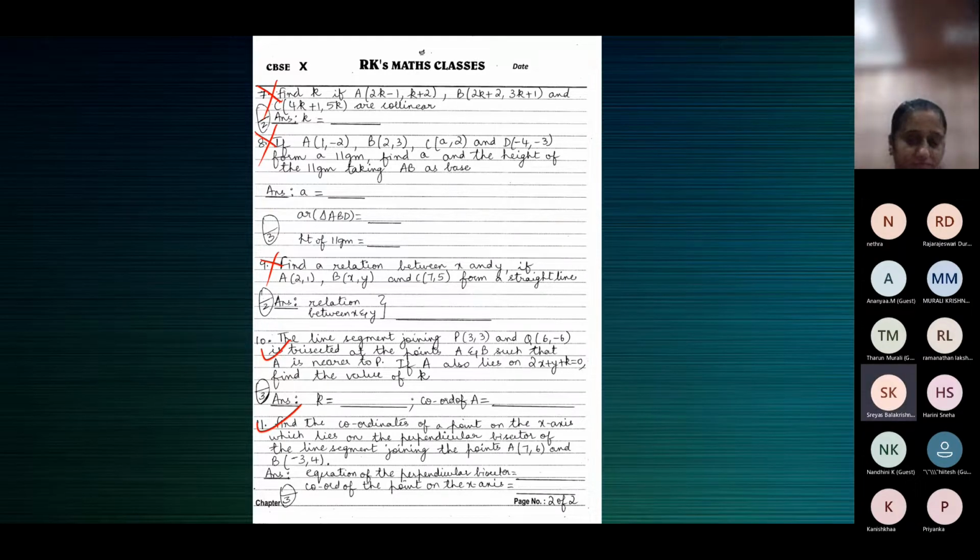Coordinates of A is 4,0. Which one will you get first, K or the coordinates of A? Coordinates of A first. I've written it in the wrong order: coordinates of A first and then the value of K. Coordinates of A 4,0, K is -8. Perfect.